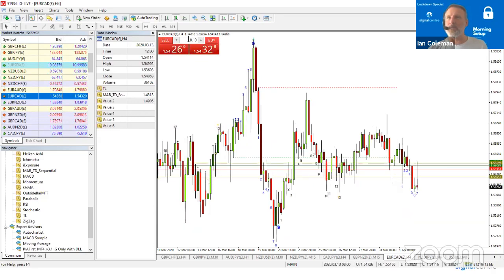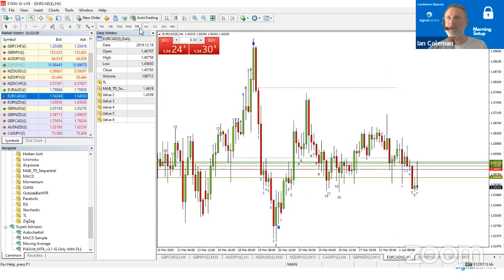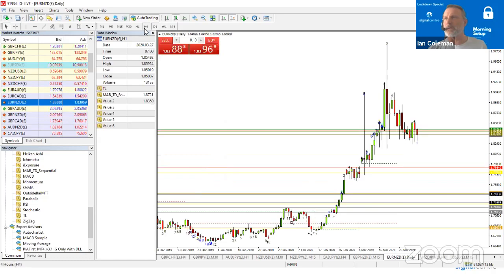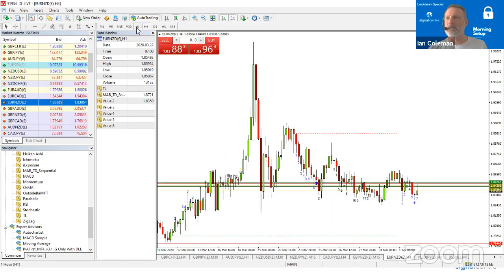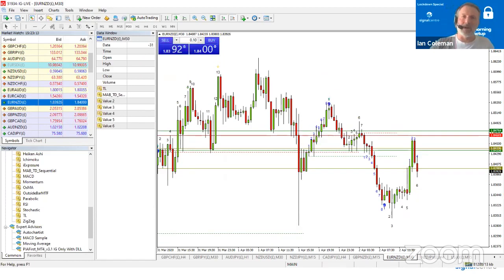If we go to this one, okay, we did have 13s at the top, and then we've come lower. Neutral, selling rallies probably, and euro New Zealand. Neutral.